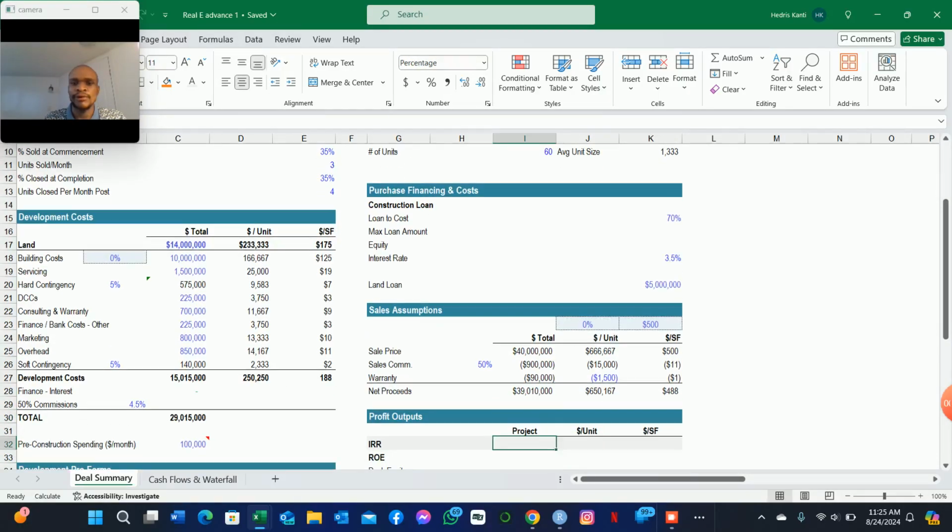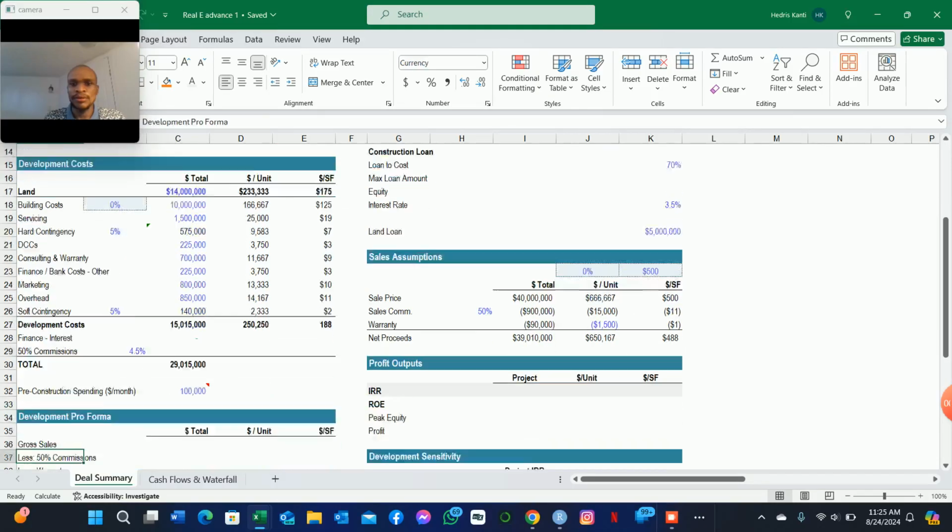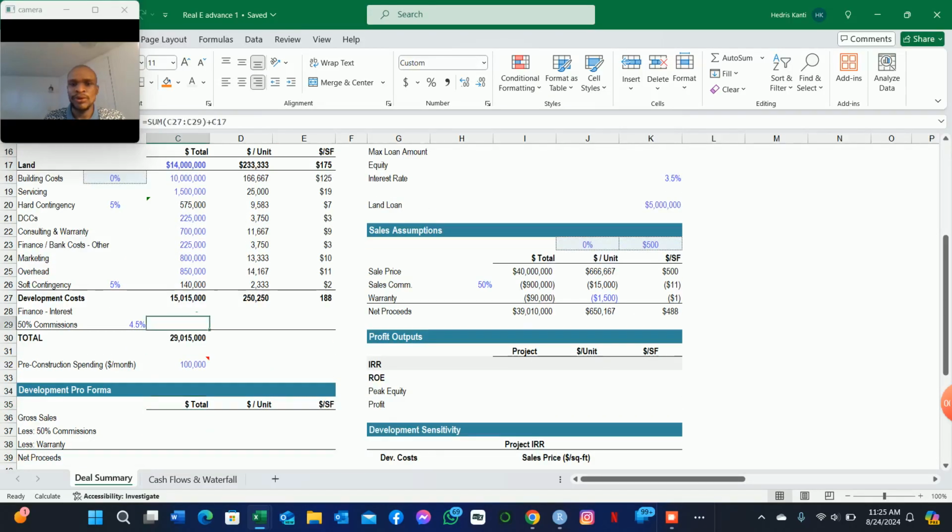So as you can see, the total net profit per unit is approximately $650,000. So now we are just going to fill these commissions here. In this case, we are accounting for the cost in positive, so we are using a positive sign to account for the cost.